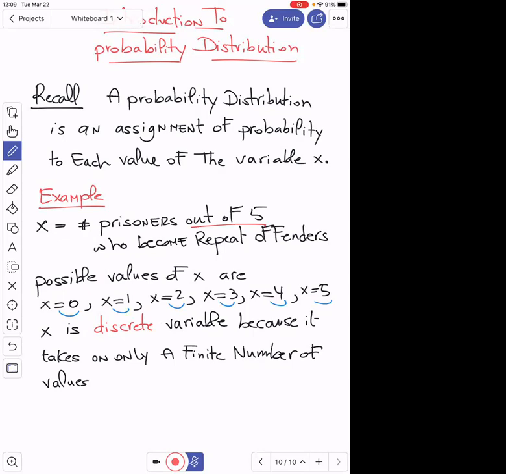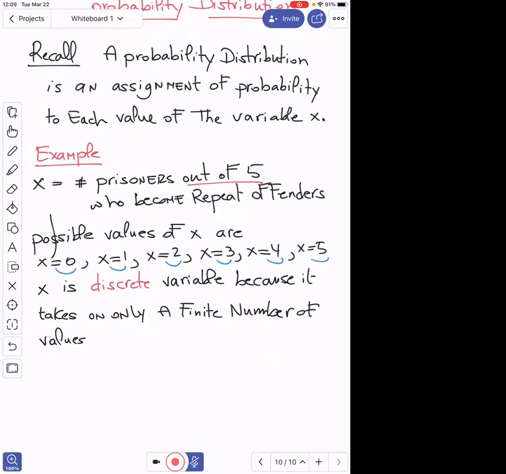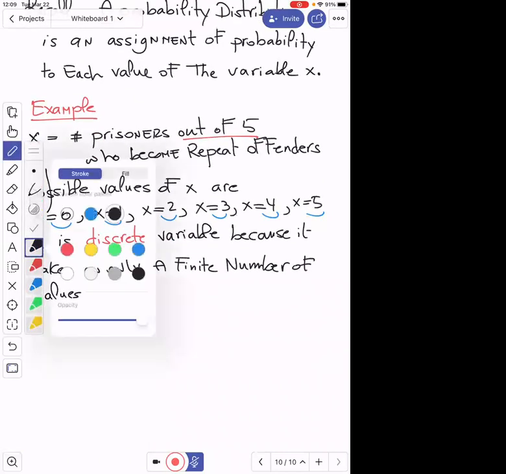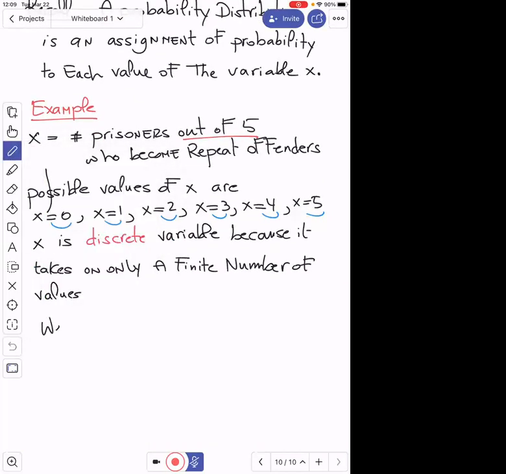And then we had the following probability distribution of x.